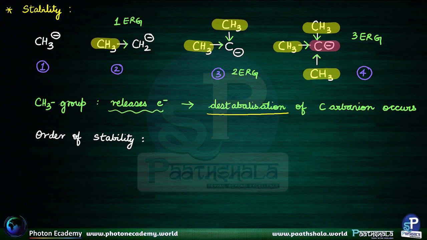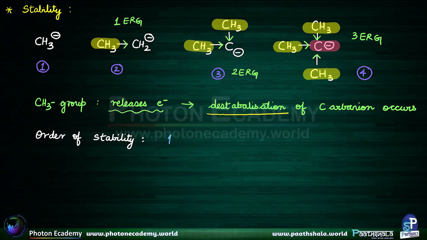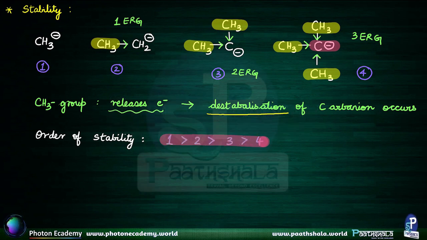The first one has no electron releasing group, so it is going to have the maximum stability. So if I write the order, the first one is greater than the second one, which is greater than the third one, which is greater than the fourth one. This order is opposite to that of the electron density which is present. So if someone asks me the order of electron density, it is just the opposite of this.